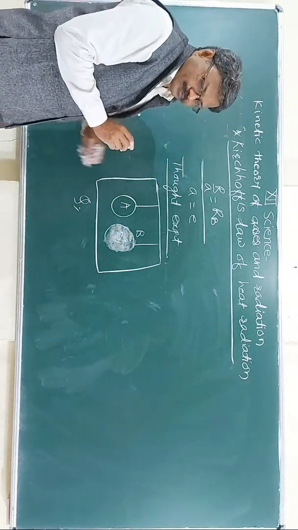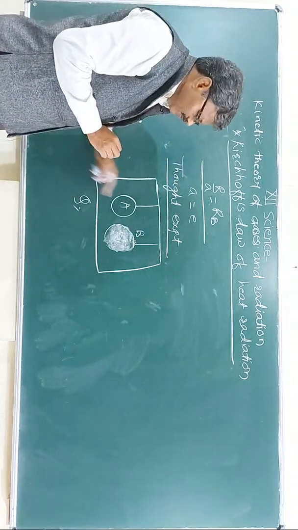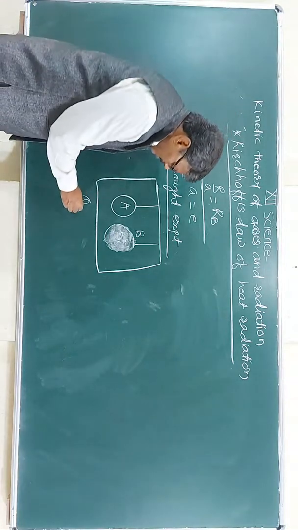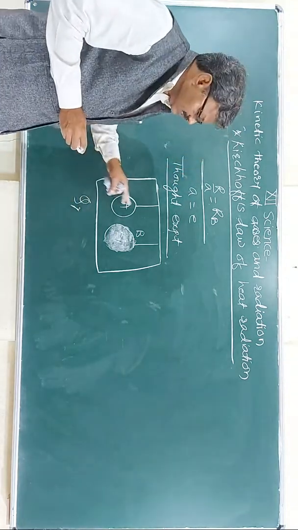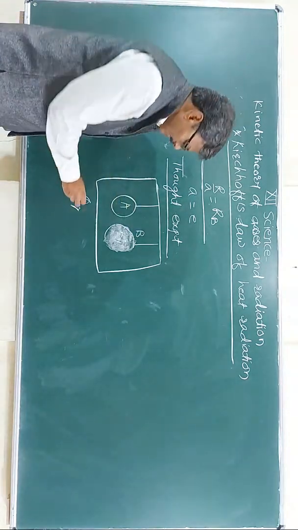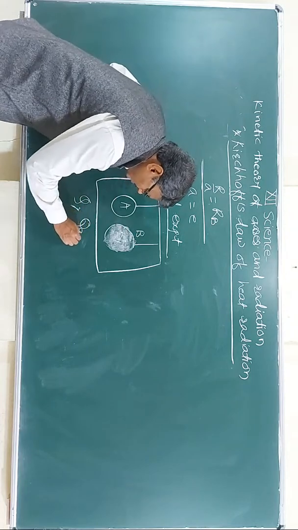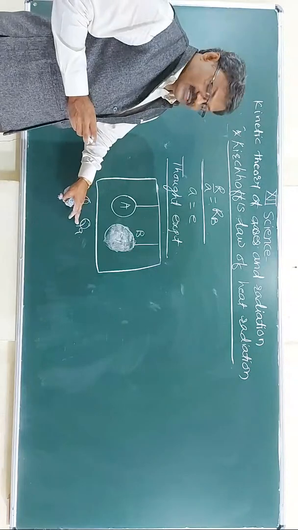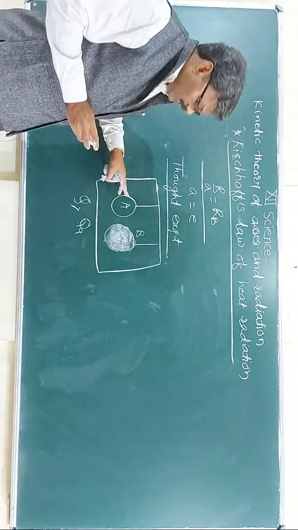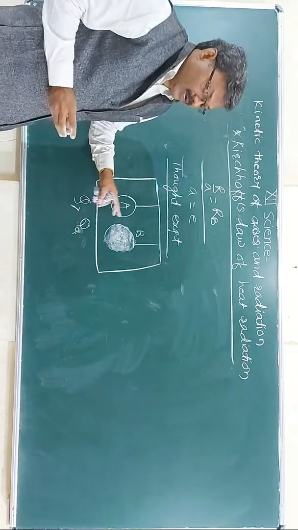This is the same energy incident on the ordinary body as on the perfectly black body. Q is the incident energy per unit time per unit area on each body.